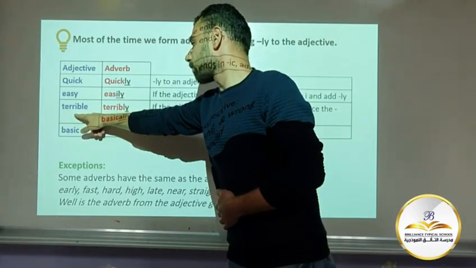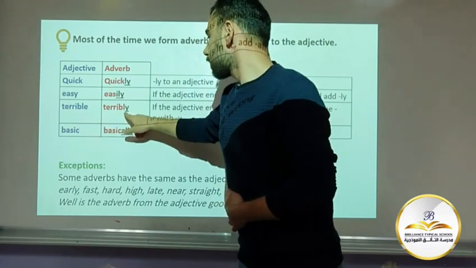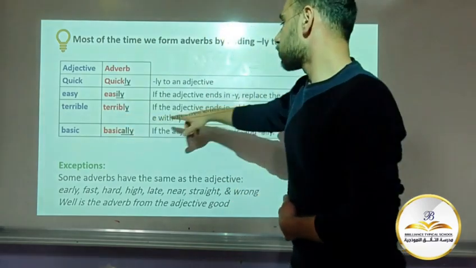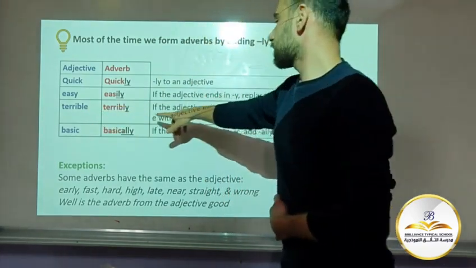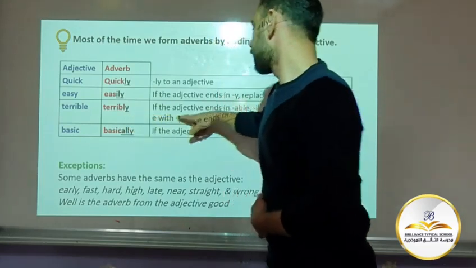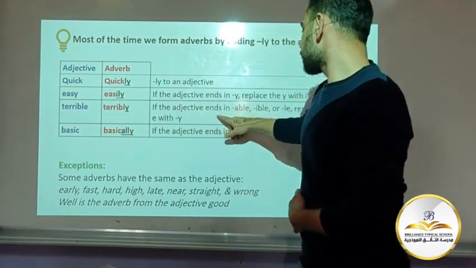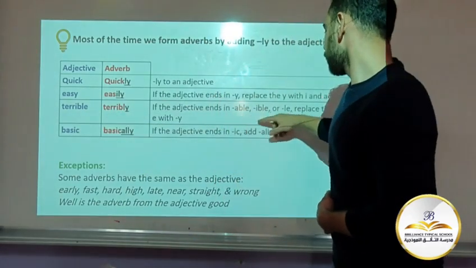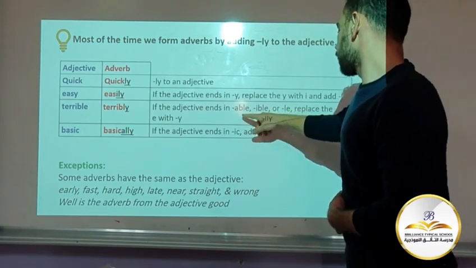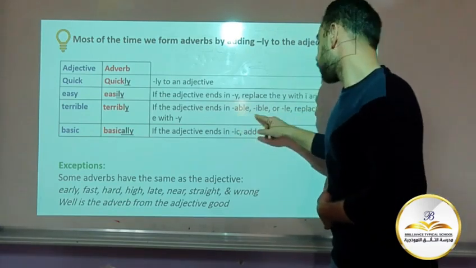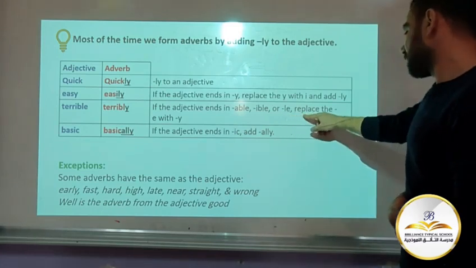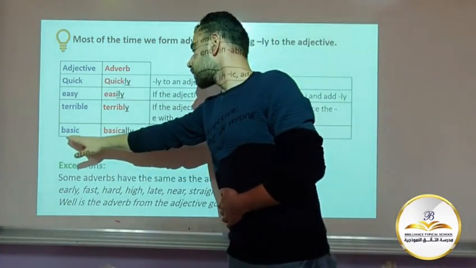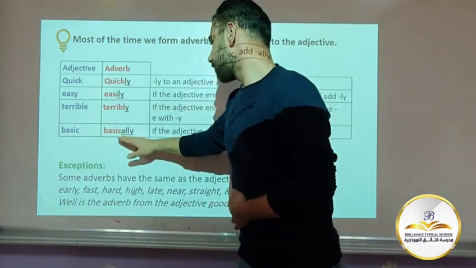Also, you have terrible, and here it ends with E. So I have to omit the E and just add a Y. So if the adjective ends with LE, like able, replace the E with Y. And also we have got basic, it becomes basically.